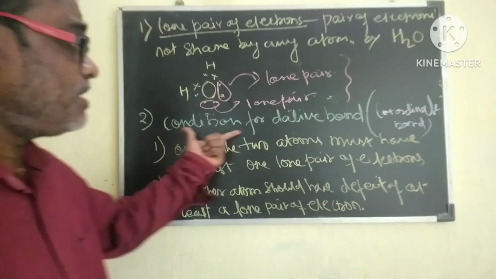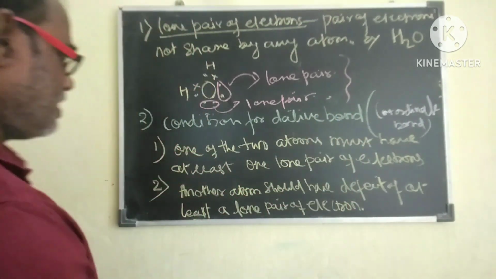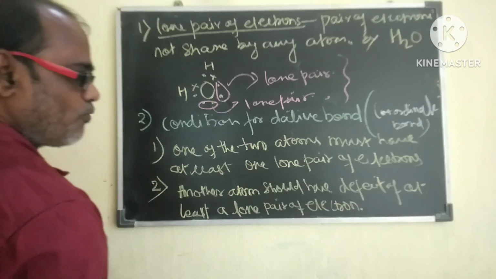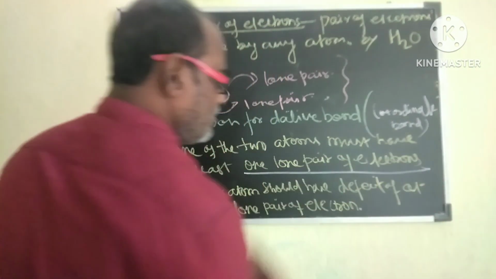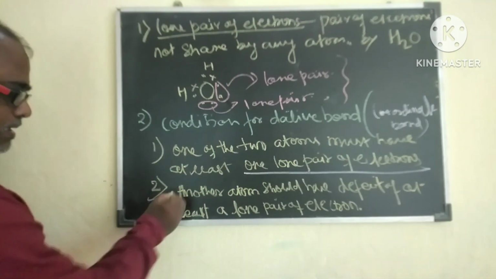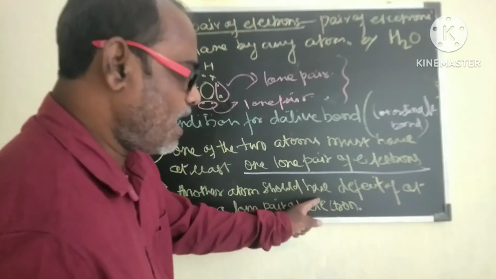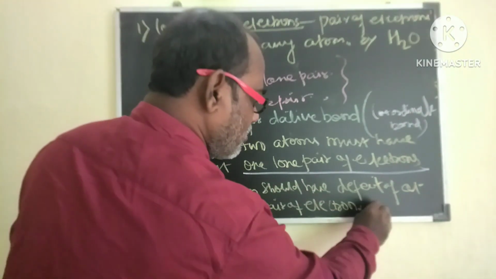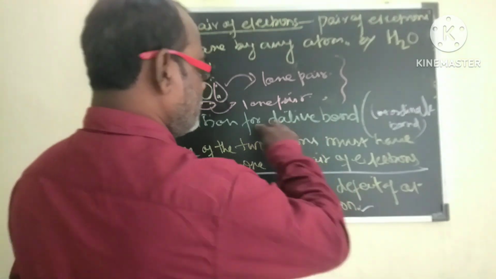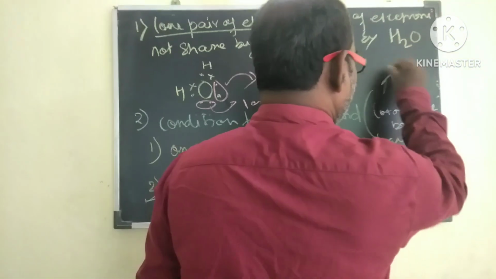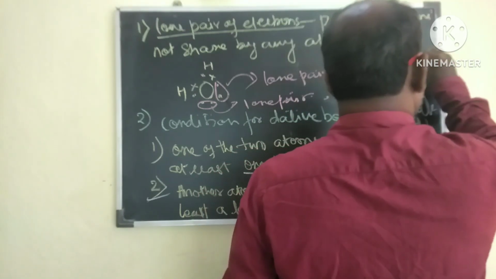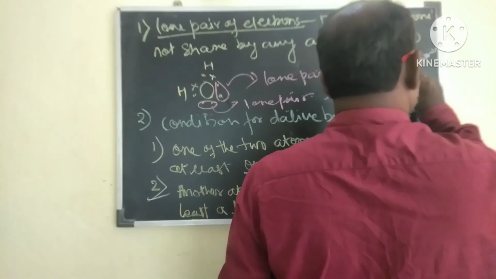The condition for a dative bond is, number one, one of the two atoms must have at least one lone pair of electrons. You must remember this one. And the other atom should have a deficit of at least a lone pair of electrons. For example, a dative bond is found in the hydronium ion.